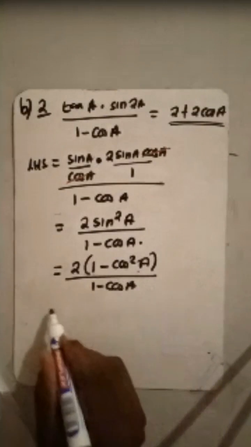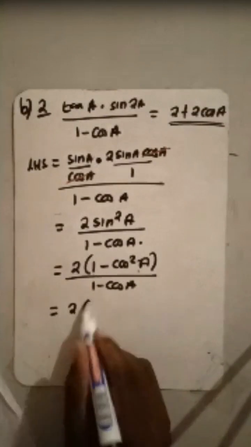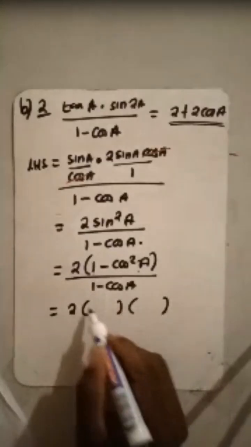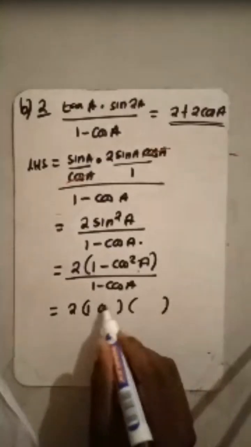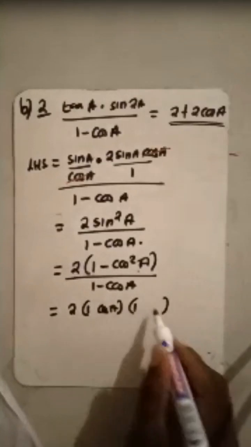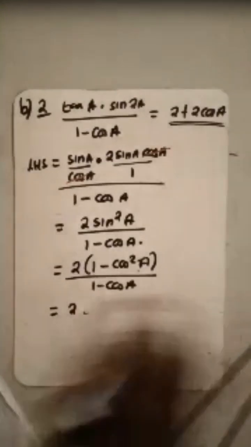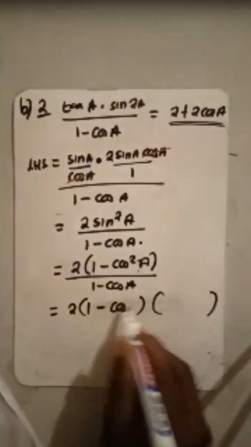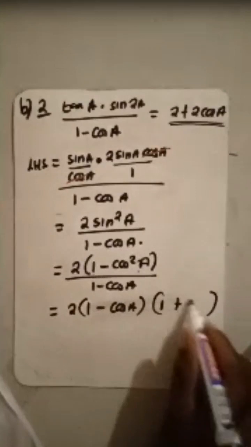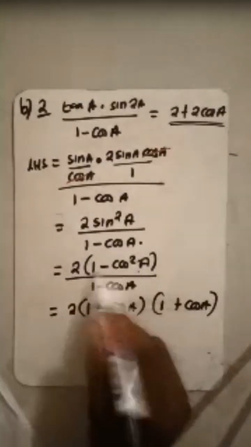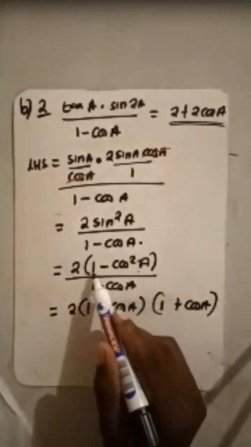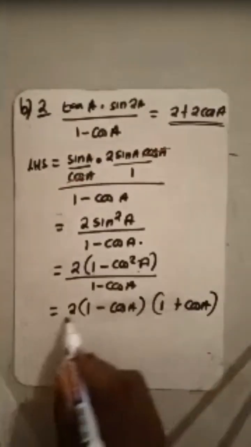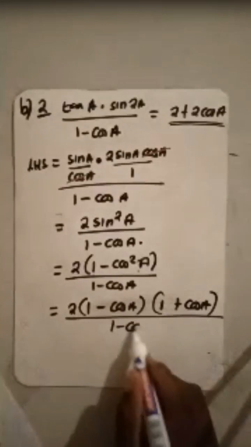So if we factorize that, we are going to have 2, then in brackets, the square root of this one, 1, and the square root of that, cos A. Then 1 minus cos A, then 1 plus cos A, because this is the difference of two squares, over 1 minus cos A.